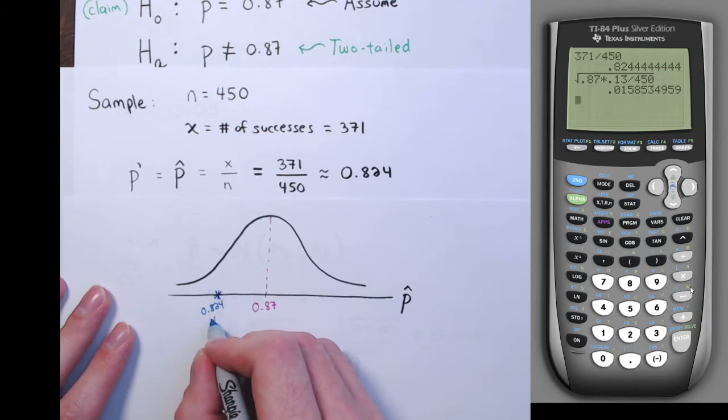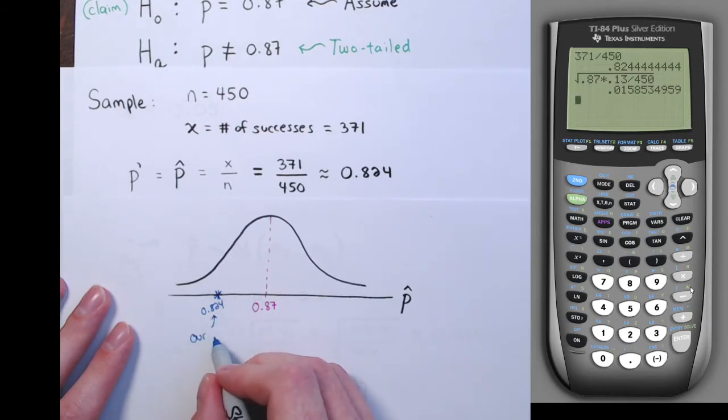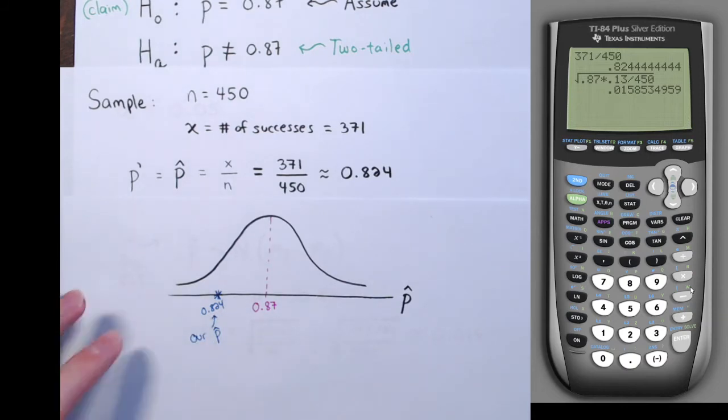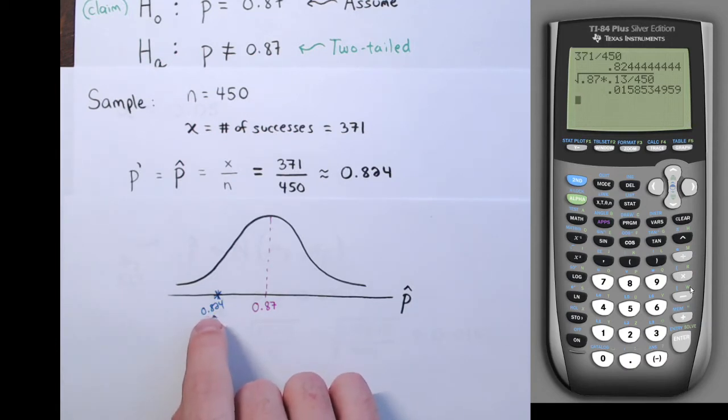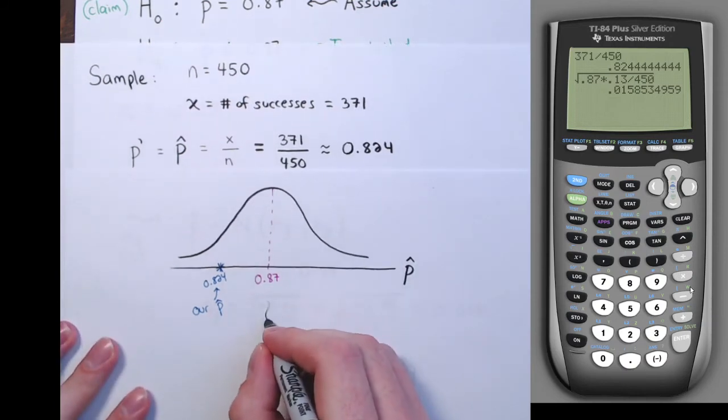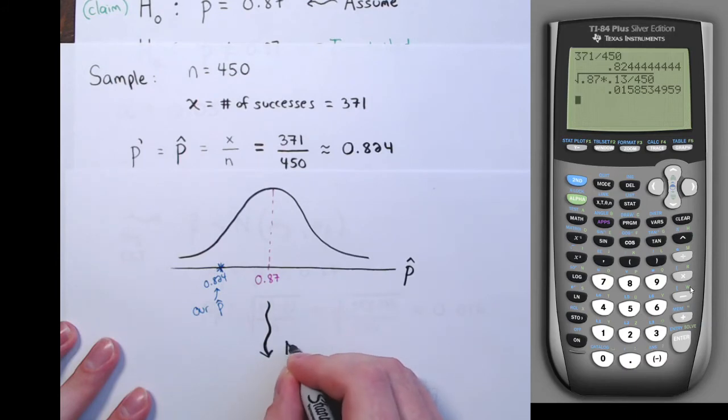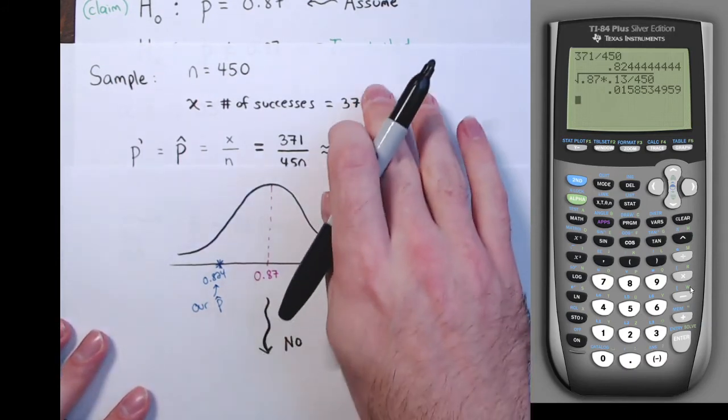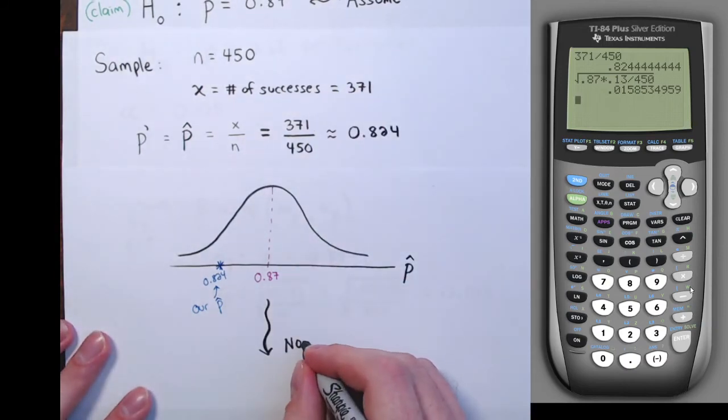The test statistic they're asking us to find is the z-score of our p-hat. So what we do is normalize, changing this normal distribution of p-hat into the standard normal, which is the z distribution.